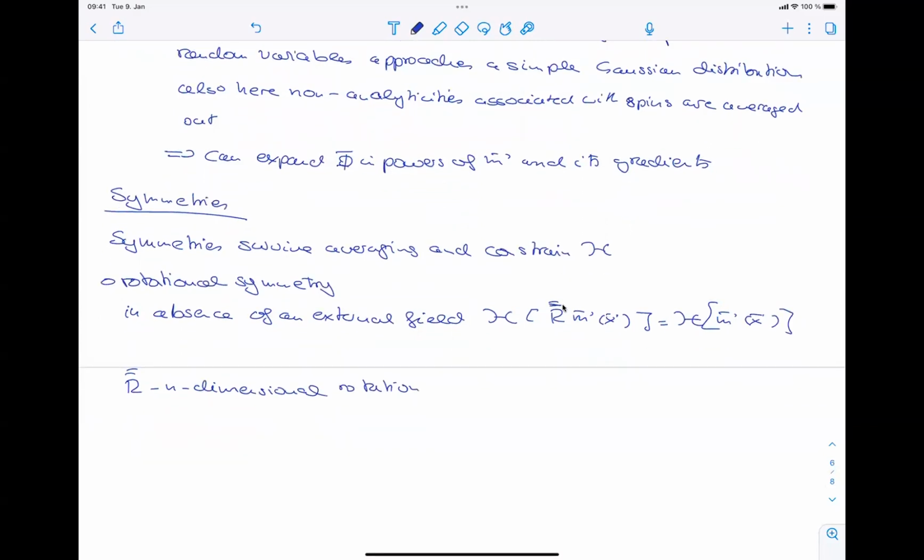And so what this means is that since m is a vector, if I rotate a vector, I have different contributions in different directions. I have a problem if I have a linear component of the magnetization in my Hamiltonian. But I can rescue that if I have squares of my magnetization, because if I rotate them both, since a rotation is an orthogonal transformation, I have a unity matrix popping up in the Hamiltonian.